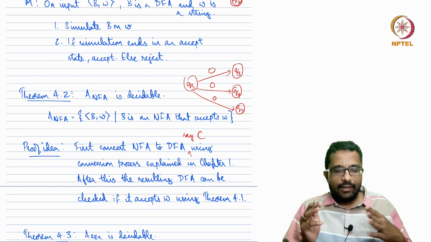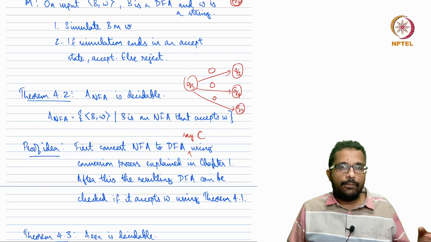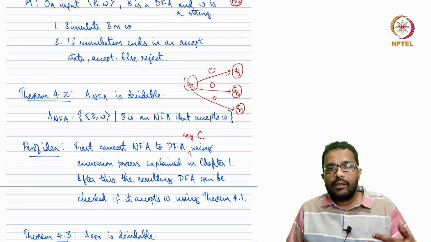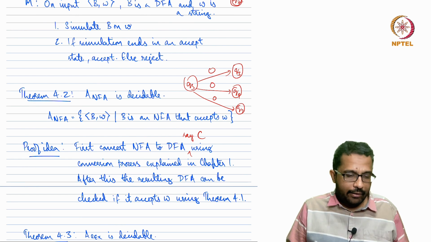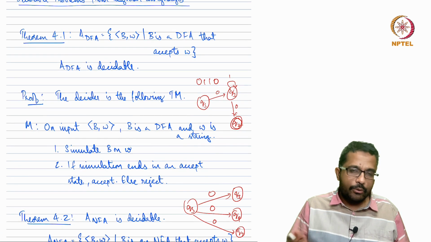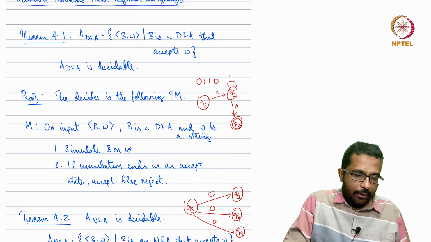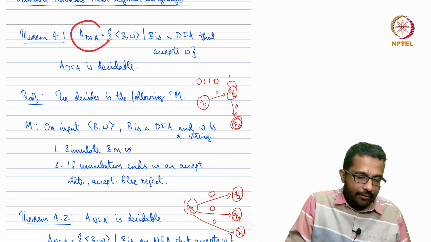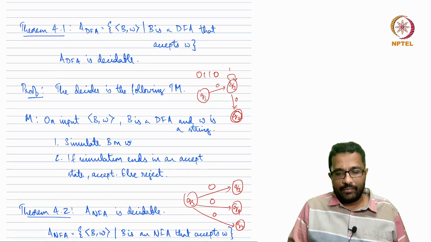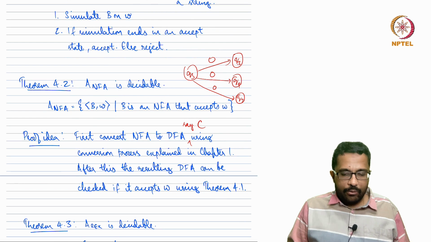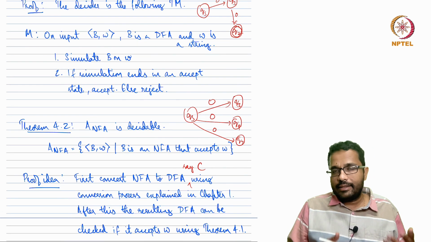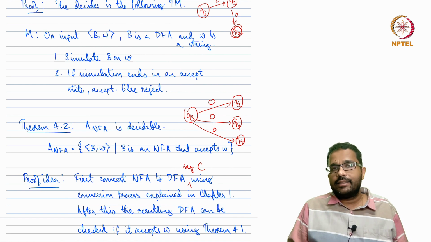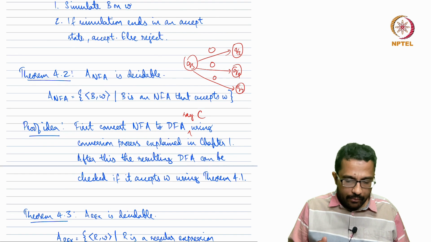So we started with an NFA B. Now B accepts W if and only if C accepts W. So now we have converted this problem to the first problem, that is, into an A-DFA question, right? So now using that process that we just explained, we can simulate C on W and then decide whether C accepts W or not, right?